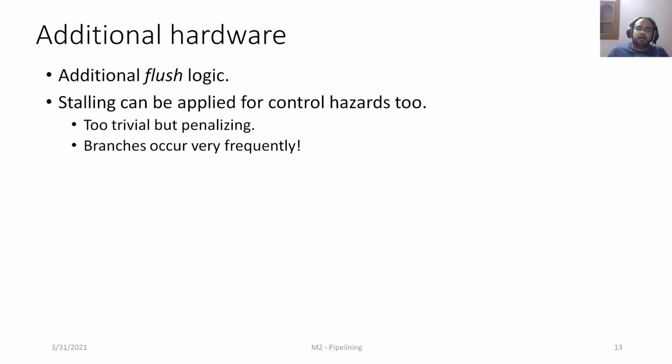And we cannot keep flushing or stalling because the branches typically occur very frequently in our programs. We have a lot of loops and if statements, switch statements, etc., right?